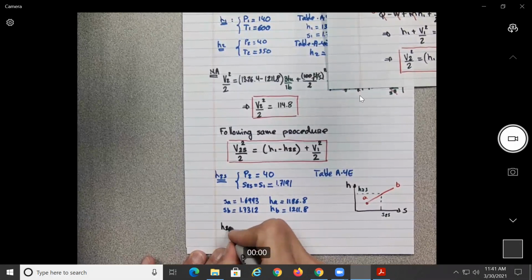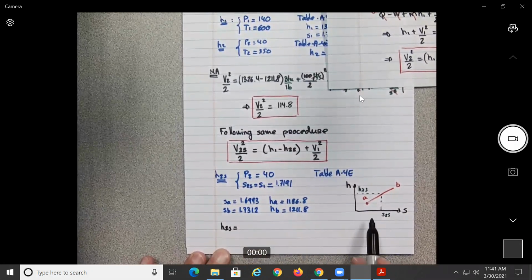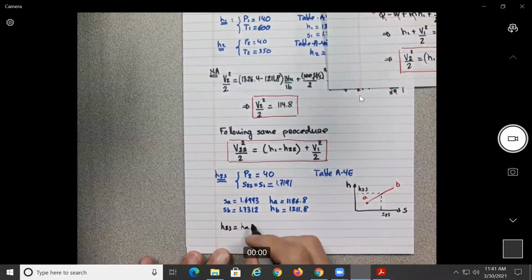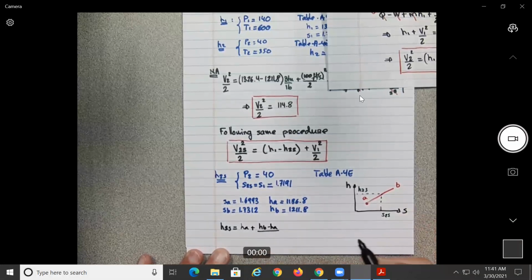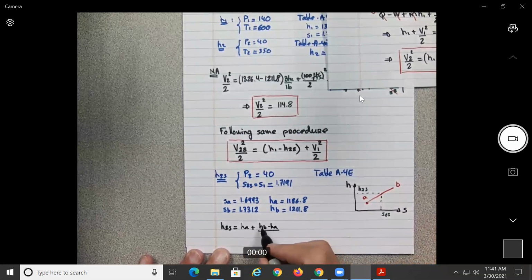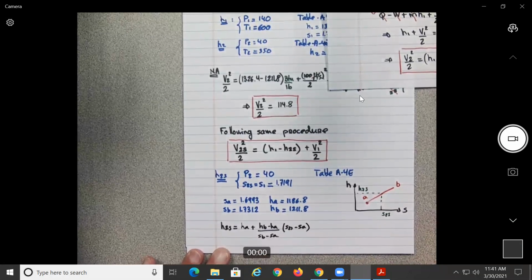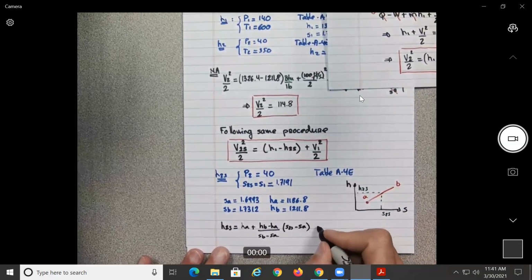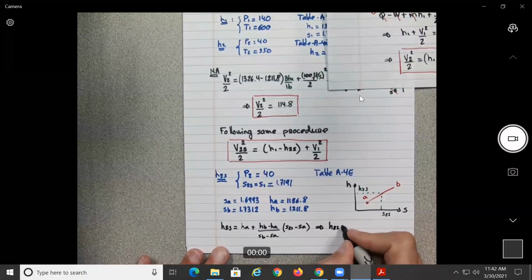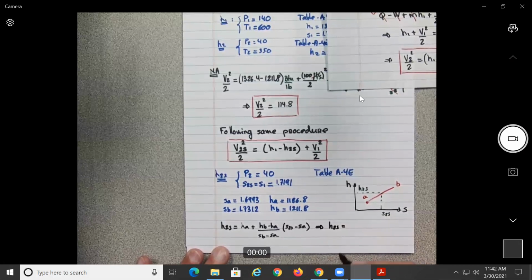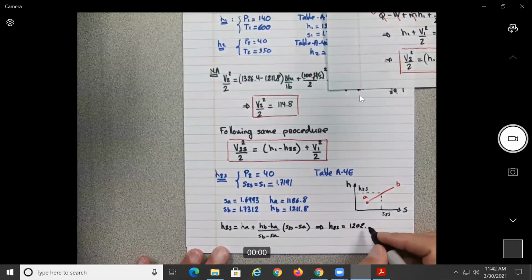H2S should be equal to H sub A plus the slope of this curve, that will be H sub B minus H sub A divided by S sub B minus S sub A, times this space over here, that will be S2S minus S sub A. After you substitute these numbers, that gives you a value for H2S equal to 1,202.3.